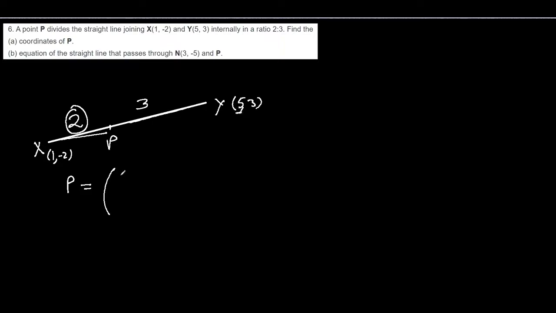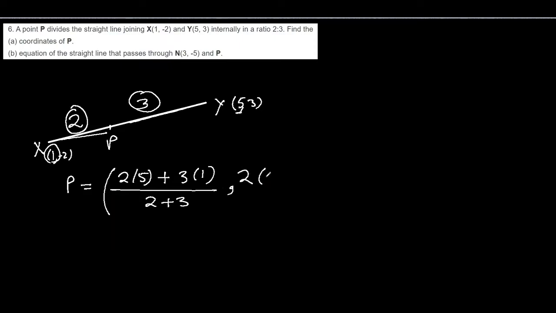So 2 multiplied by 5, then add this ratio multiplied by the x coordinate on the other side, so 3 times 1, and divided by the sum of the ratio, 2 plus 3. This is the x coordinate. The y coordinate will be 2 times the y coordinate of the other side plus 3 times the y coordinate of the other side, divided by 2 plus 3 again.